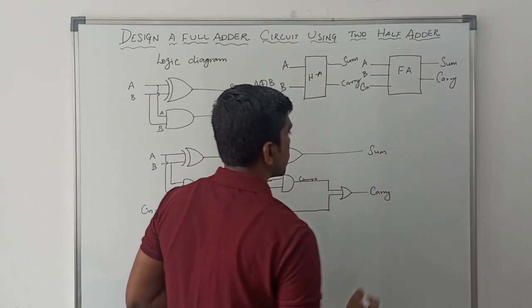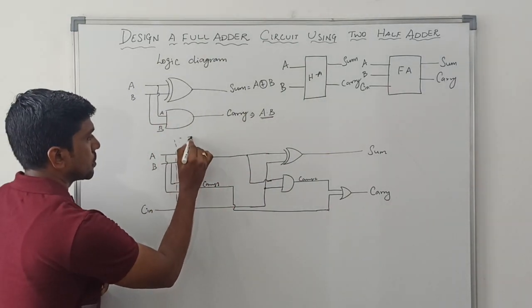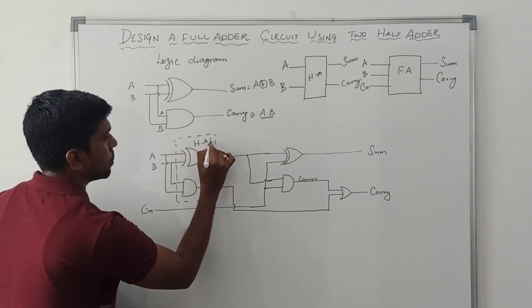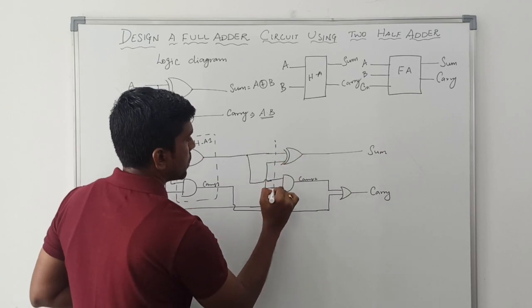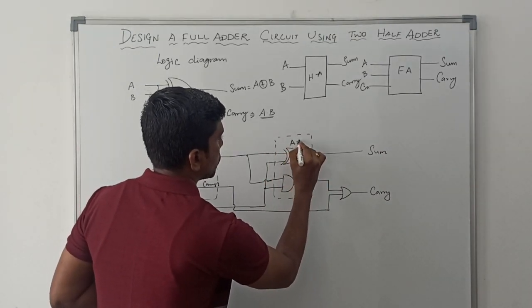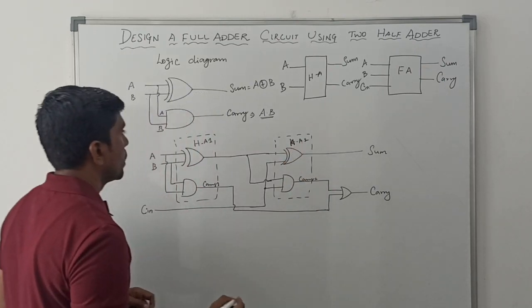This one is called the sum. This one is half adder 1, and this one is half adder 2.